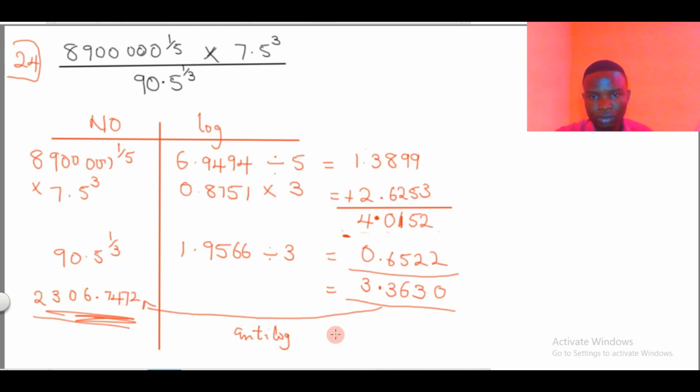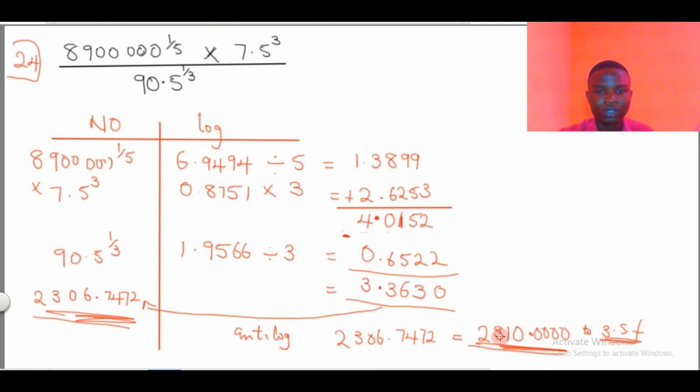So my 2306.7472 will be equal to 2310.0000. Every other number changes to 0. So this is our answer to this question. This is to 3 significant figures. So this is our answer to this example 24. It's quite easy.